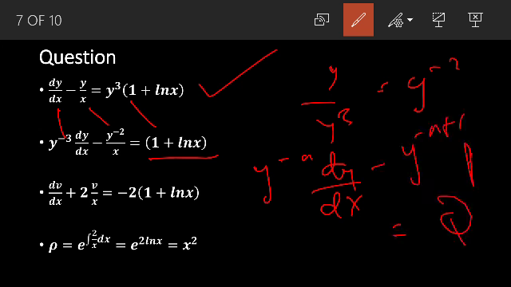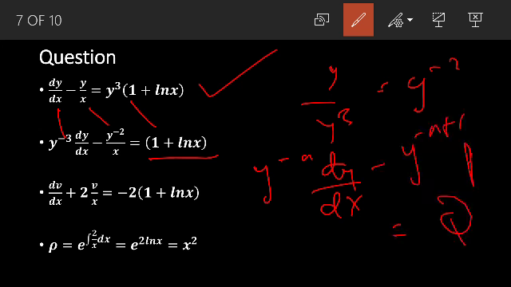That means your y to power minus 3 dy dx is equal to minus 1 over 2 dv dx. So in place of y to power minus 3 dy dx, we have minus 1 over 2 dv dx.